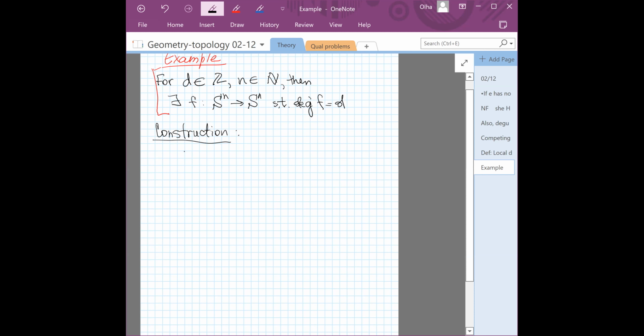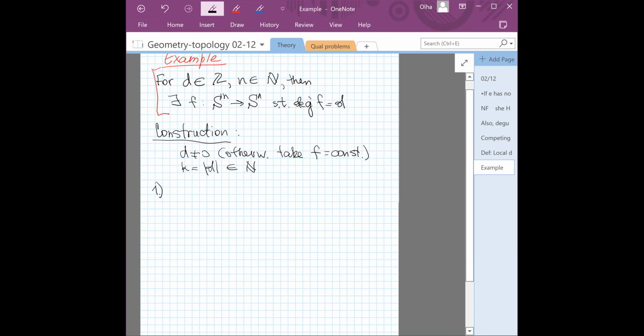First of all, we can say that d is not equal to 0, because otherwise we can just take f to be a constant map and we're good. Then define k to be the absolute value of d, a positive integer. Now let's define those two maps, the composition of which is going to be our f.